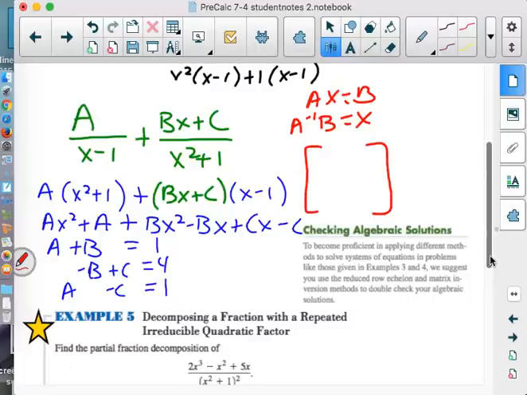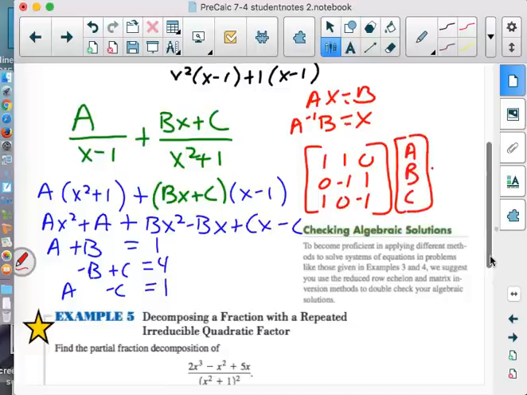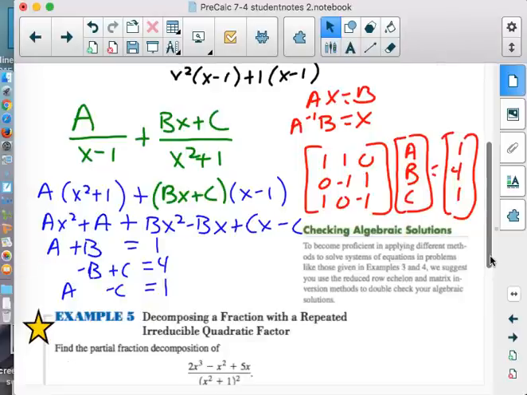So we'll have 1, 1, 0, 0, negative 1, 1, 1, 0, negative 1, times our A, B, and C, equal to 1, 4, 1. We'll get those two matrices in there, bless you, and then we'll use that inverse button and multiply it times the matrix 1, 4, 1.